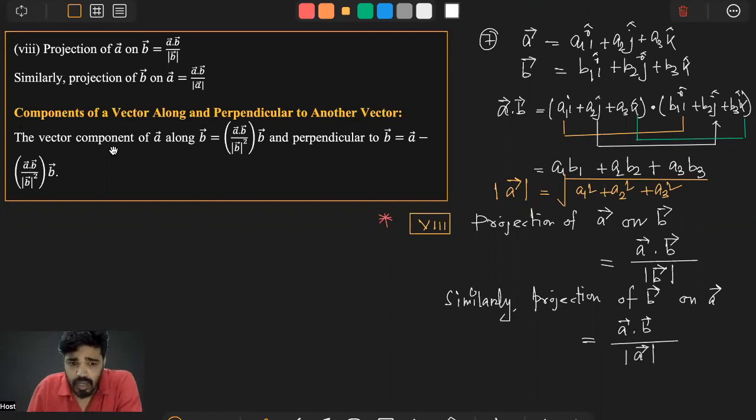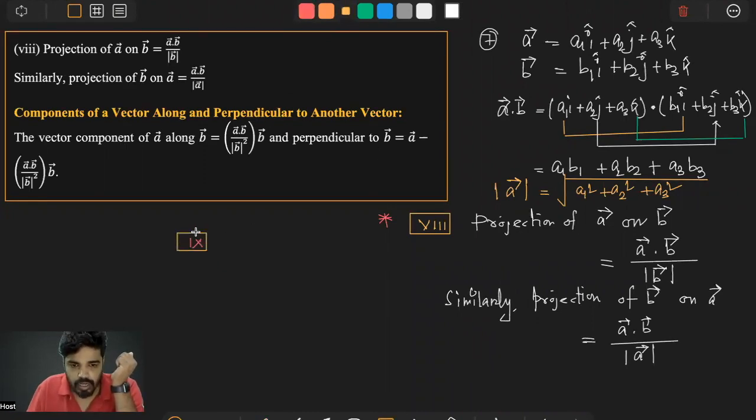Next, components of vector along and perpendicular to another vector. It is very important. In PSC, problems were given in 2015 based on this. So do this star mark, number 9. So this is very important.